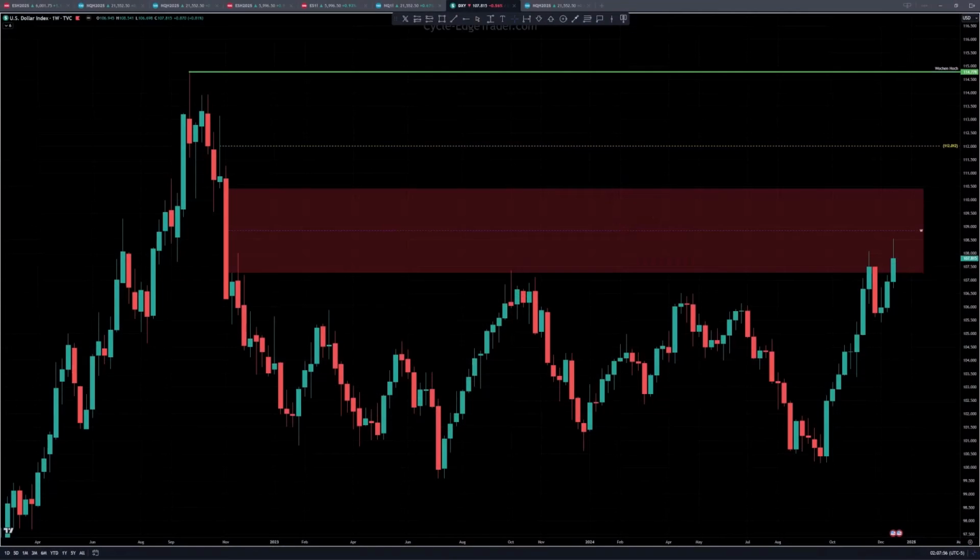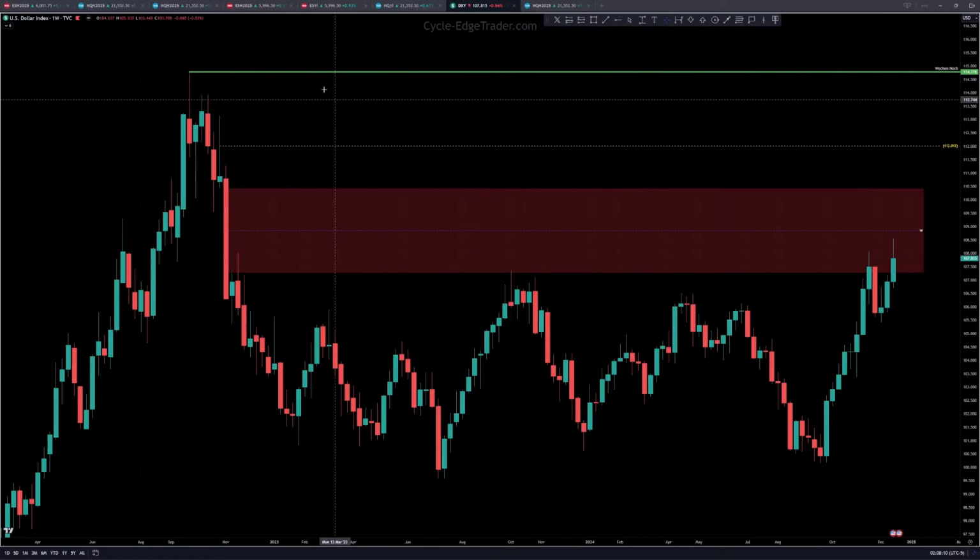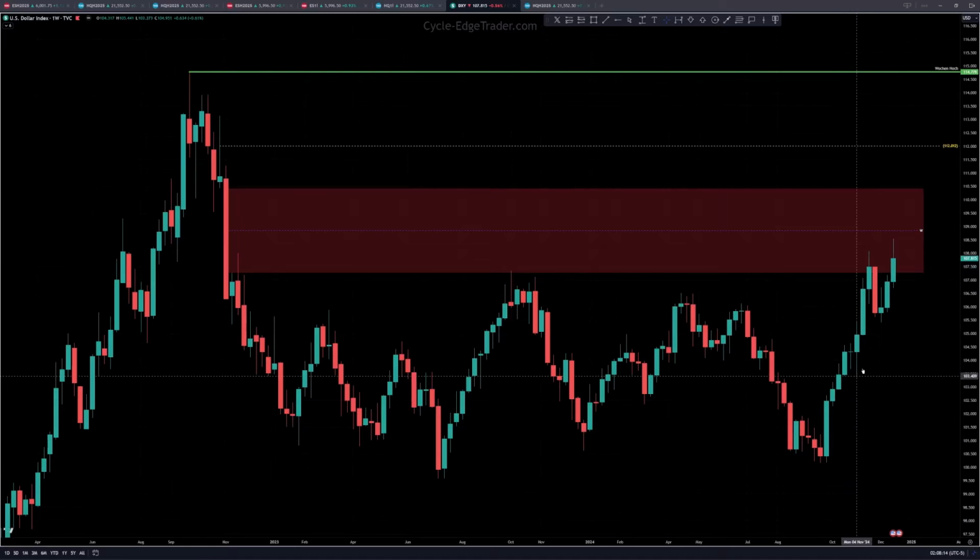Then let's do our analysis like we always do with the US dollar. We have here the weekly US dollar chart. And what we can see is that we do have a bullish trend. Since the end of September, beginning of October, the dollar entered a bullish trend.